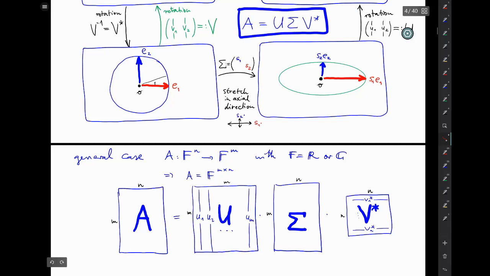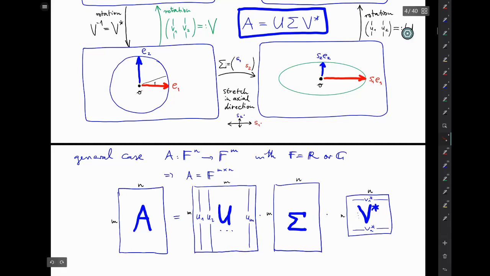And of course you have to take the transpose and possibly complex conjugate to turn them into the rows of V star. And sigma is a diagonal matrix, which sounds a bit funny because in general it's not square, but diagonal matrix in that context means it's supported on the main diagonal, which starts up here and ends where it ends.